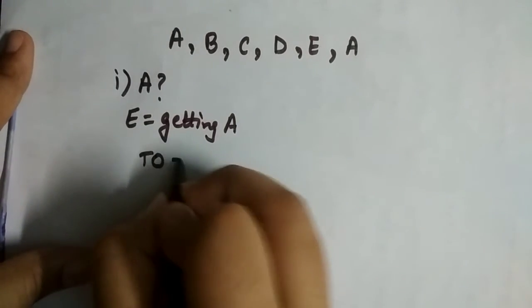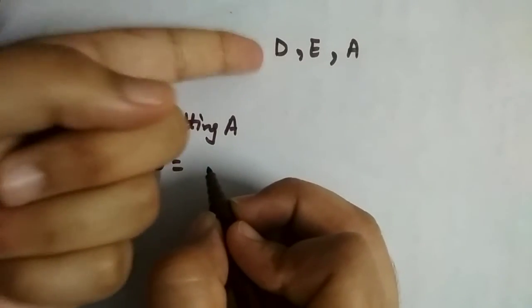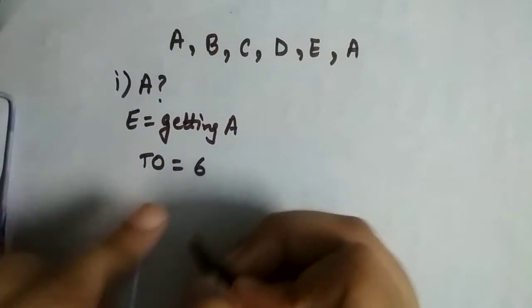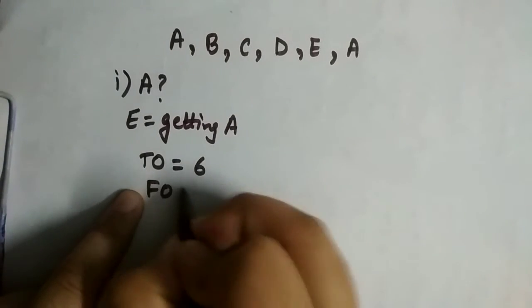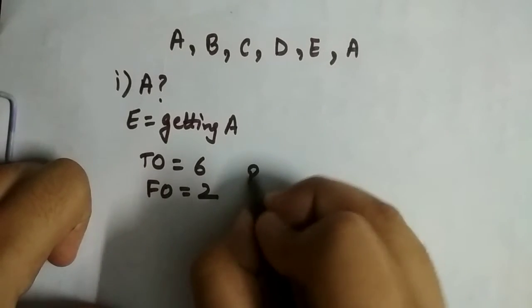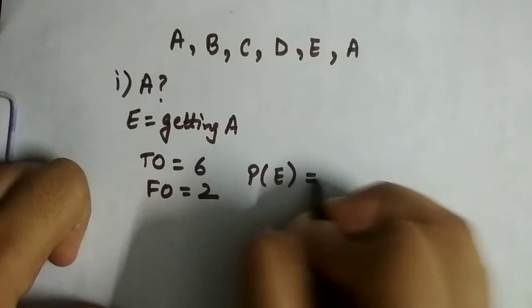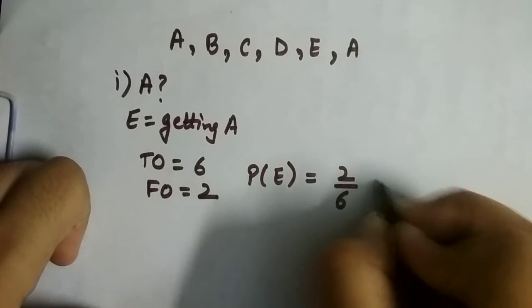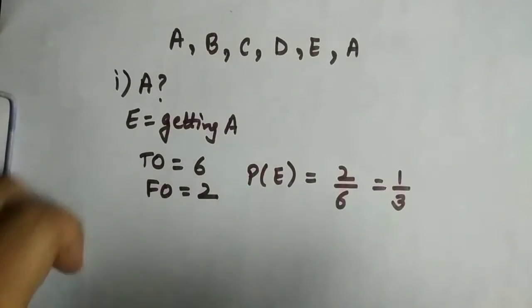Total outcomes means total number of faces are 6. And favorable outcomes, how many A's are there? 2. So probability of getting A is 2 by 6, that is 1 by 3.